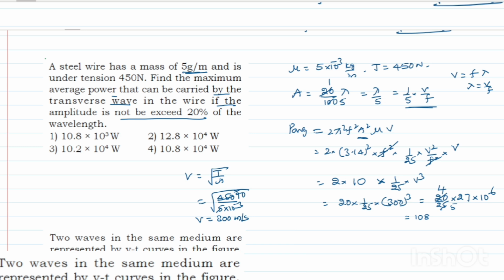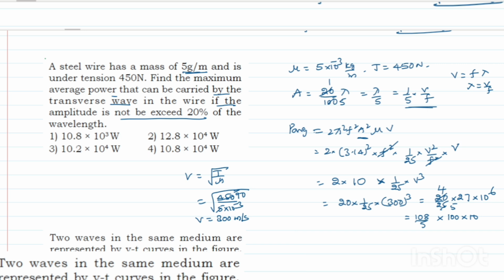And here you will be getting by 5 into, this is somewhat 100 into 10 power 4, this is 2 pi square f square a square into v.